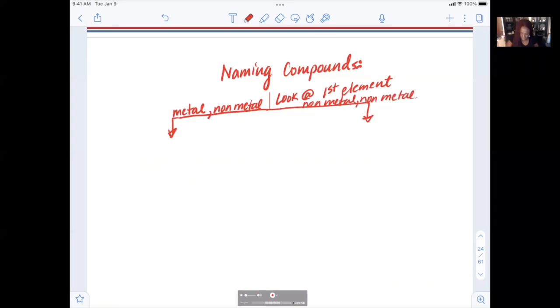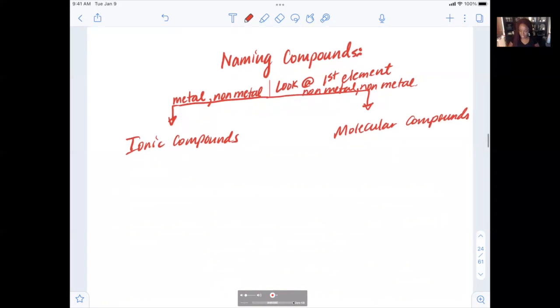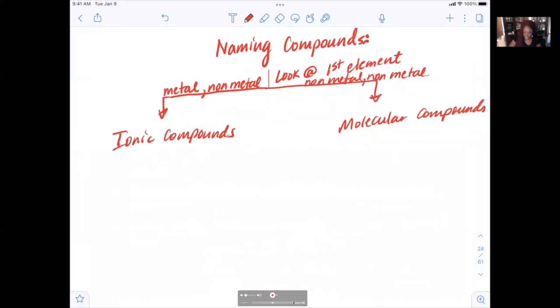Remember, metal and non-metal make ionic compounds, okay? And then non-metal on non-metal make molecular compounds, okay? So I want to focus on ionic compounds for right now, because molecular compounds is a whole different style.